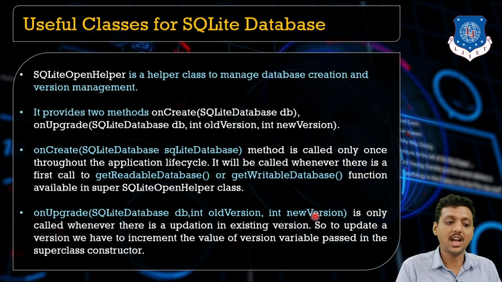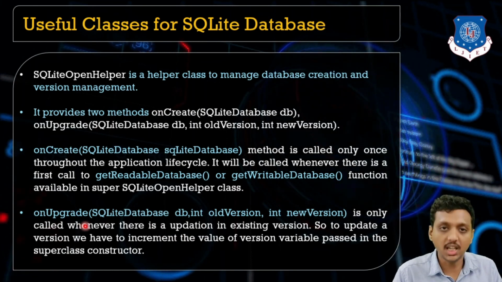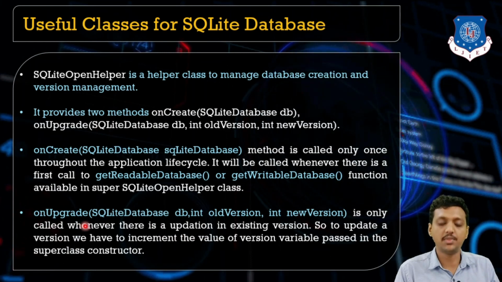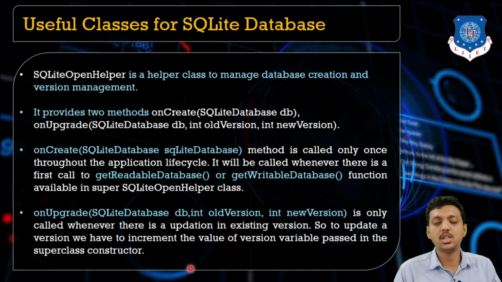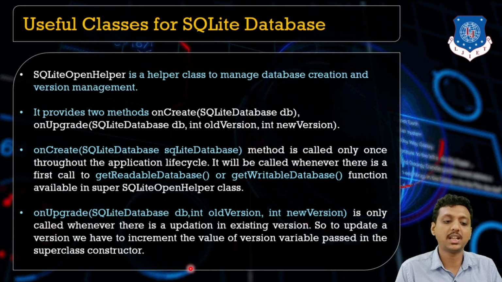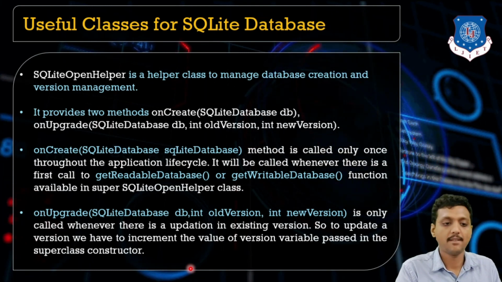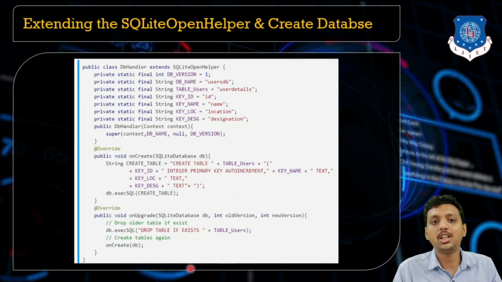Right now the older method is deprecated. We have only onUpgrade, and it contains the SQLiteDatabase object and the versions. To update the version, students, we just need to increment the version variable passed in the superclass constructor.